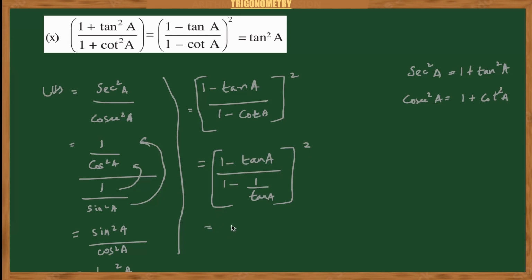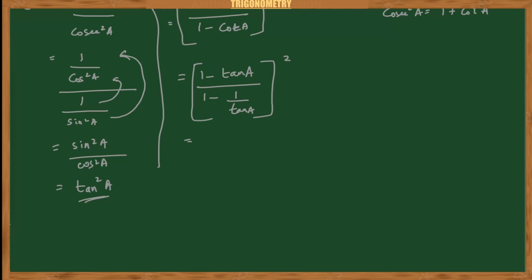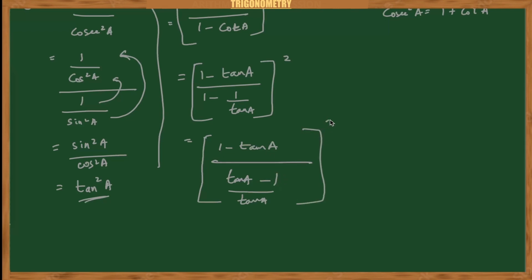The top remains the same, 1 minus tan A, divided by the LCM, tan A, so it becomes tan A minus 1, whole square.